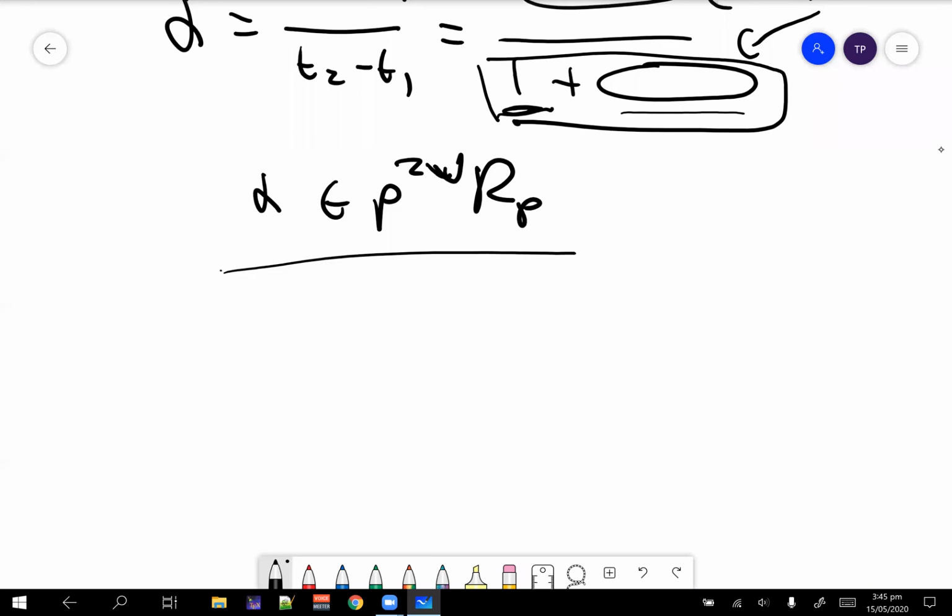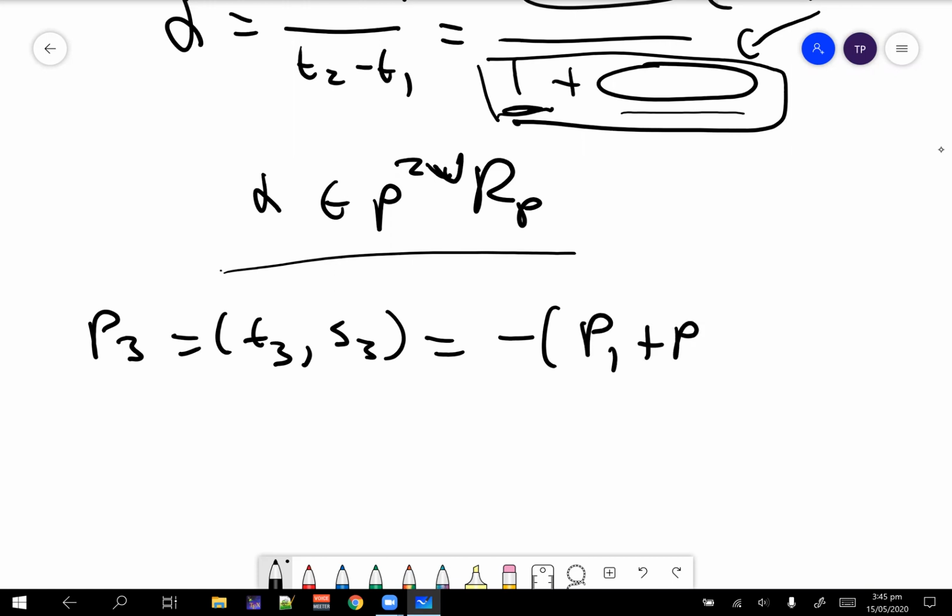But then, if you just follow through and let P3 again be the third point of intersection, so not the sum, but the negative sum, this is equal to minus P1 plus P2.